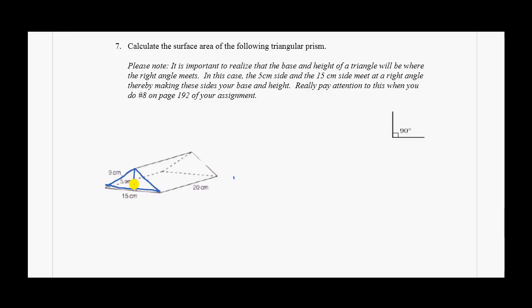As far as a triangle goes, we need to pay special attention to where the right angle is. The 5 centimeters being the height and the base being 15 centimeters are the 2 measurements that meet at a right angle, and that is what we will use in our triangle formula.